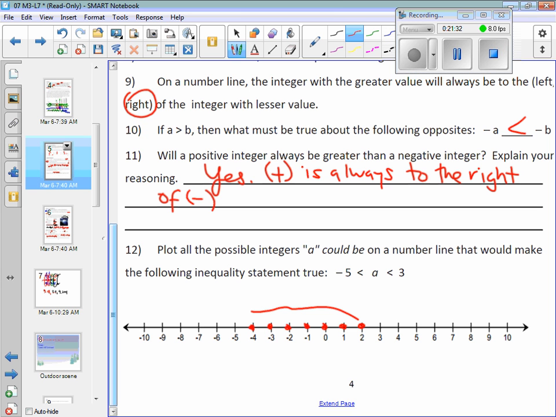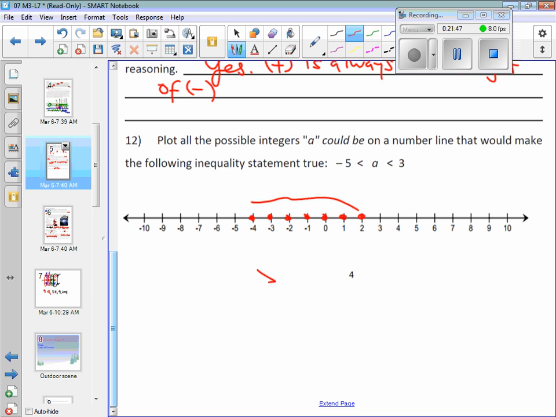Does anybody know what the symbol is for greater than or equal to? What would I have to do to this inequality? Right. This sign means greater than or equal to. This sign means less than or equal to, which I think you've learned in 5th grade.